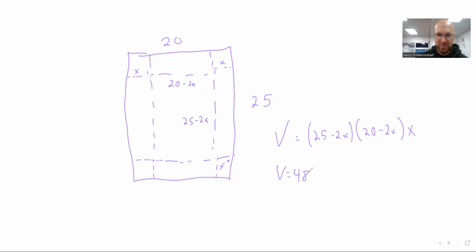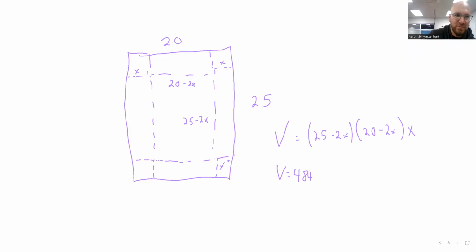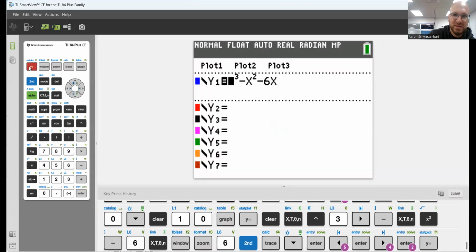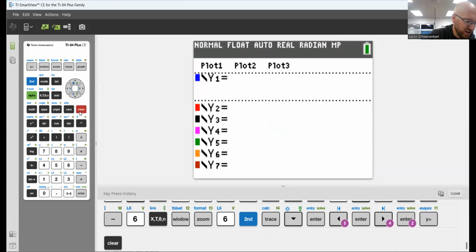I'm going to go to my graphing calculator to solve this. And I'm going to start with my first volume equation.